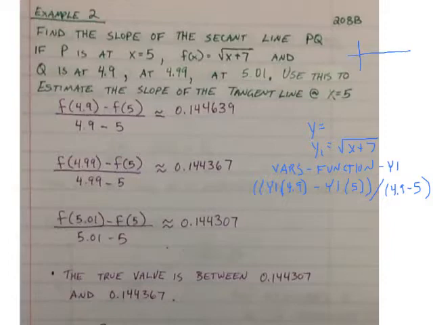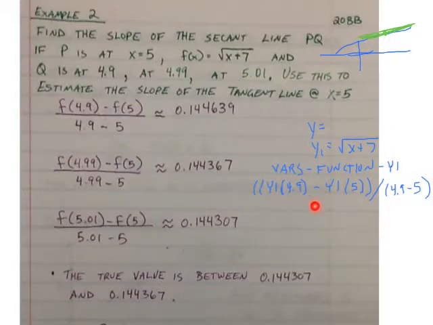So we have some sort of root function that's been shifted left 7 units, and we're asking for what is the slope from 5 to 4.9. The way I do that is with the calculator, I press vars and I scroll over to function and I select y1.